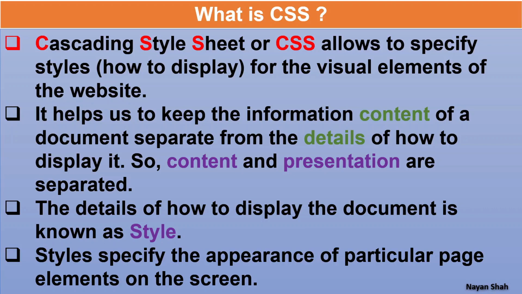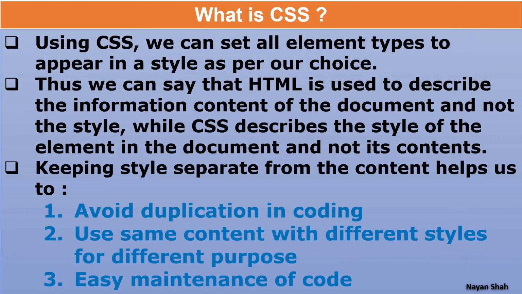The details of how to display the document are known as style. That is all these tags which we have written, called style. Style specifies the appearance of a particular page element on the screen, as you saw, where my name was displayed with a different style. Using CSS, we can set all element types to appear in a style as per our choice.